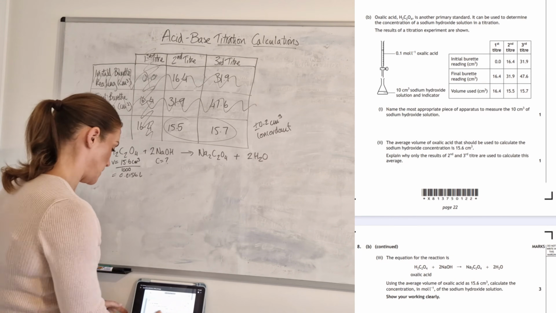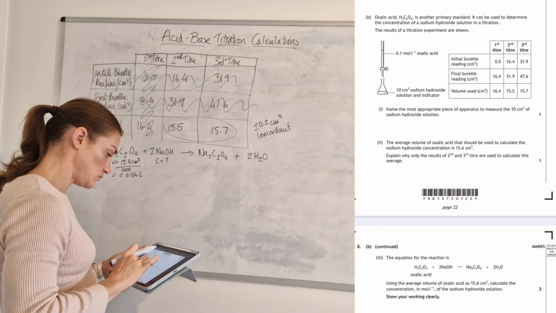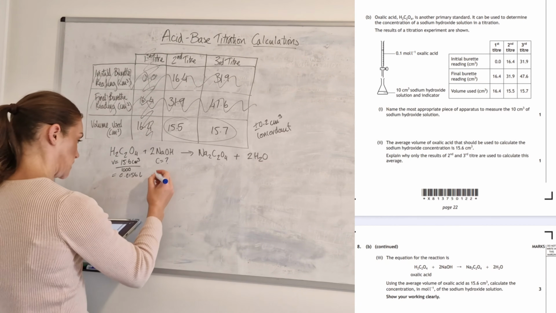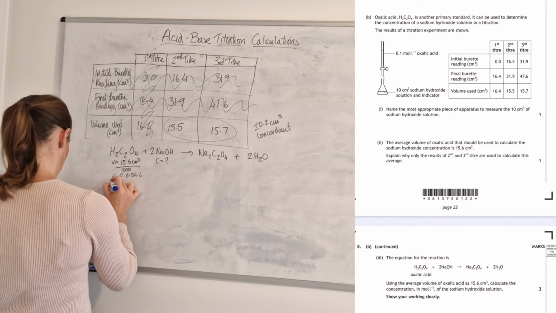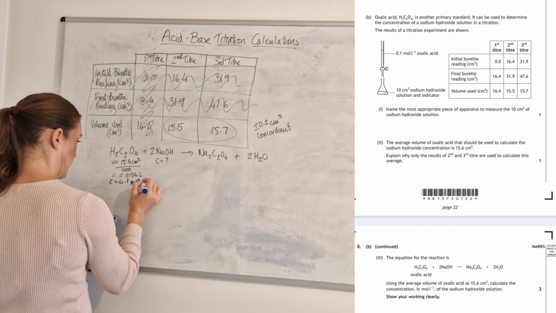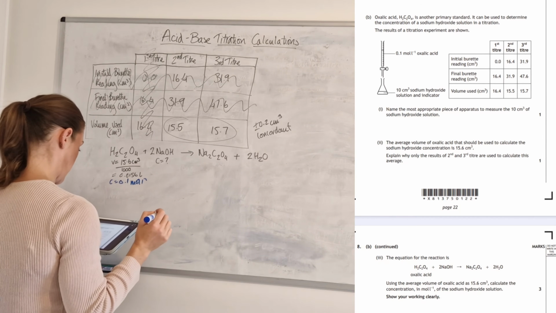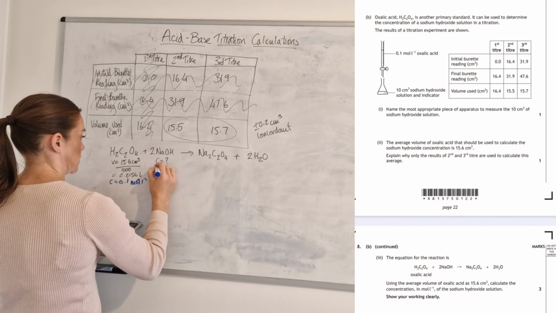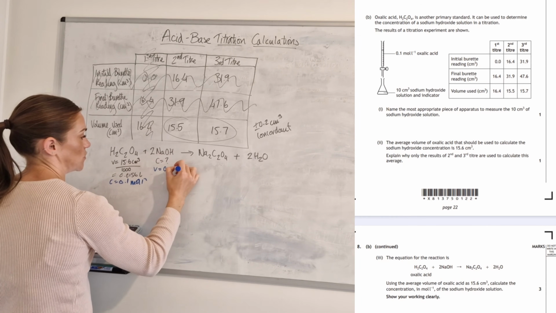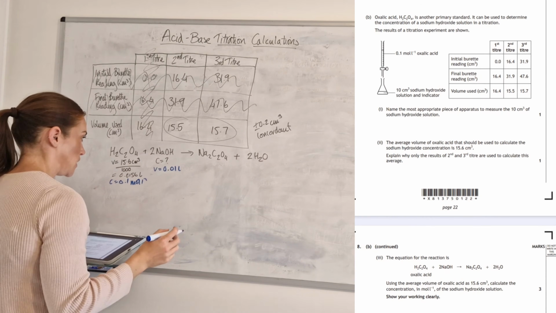So now we look at the picture. We've also got the concentration of oxalic acid, which is 0.1 moles per litre. That's from the picture. Then we've got a volume of sodium hydroxide solution. So 10 centimetres cubed divided by 1,000 would be 0.01 litres.